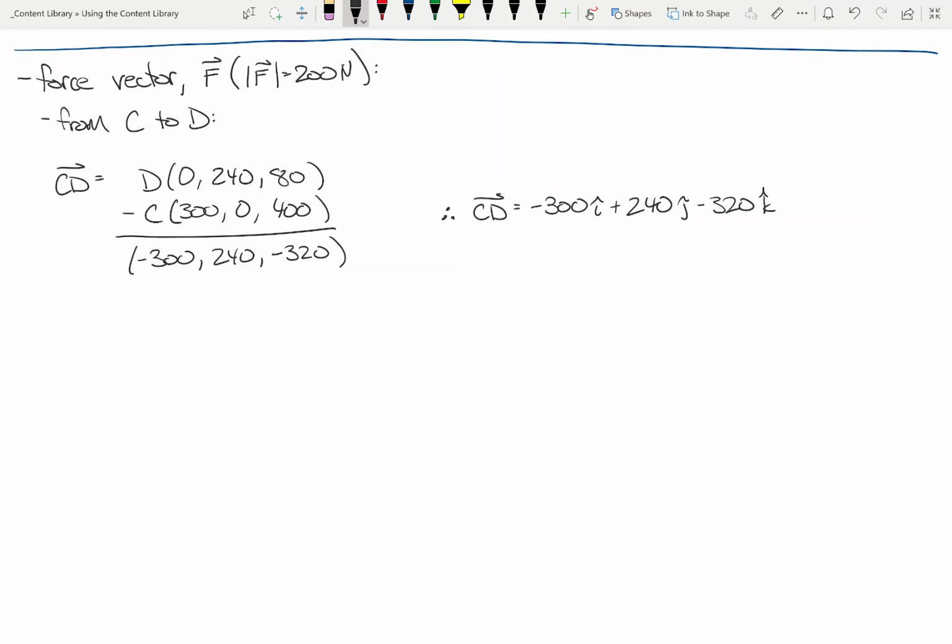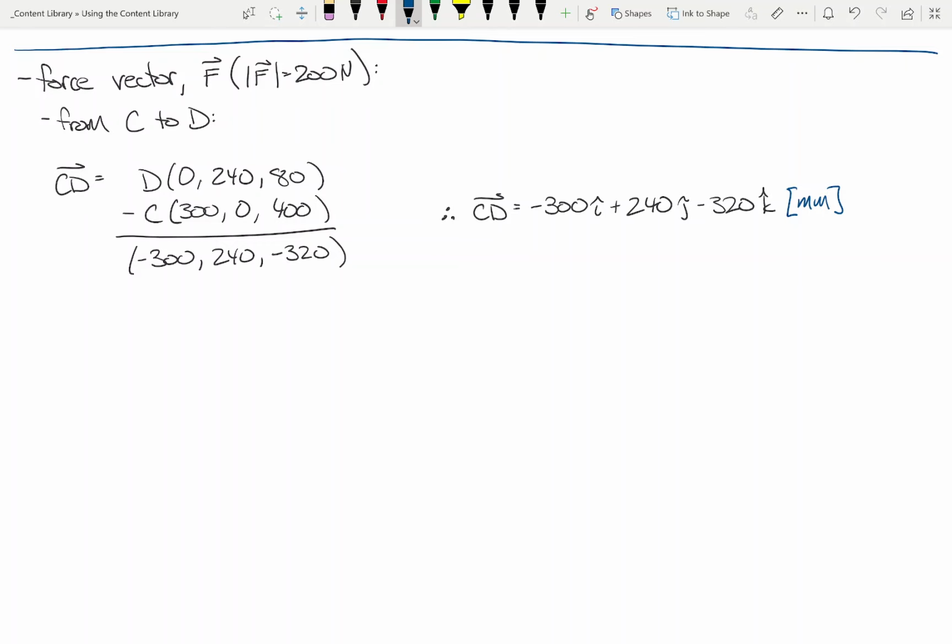What are the units for CD, by the way? Millimeters. Because that's just a distance vector. This is not a force vector. How do I turn this into a force vector? What's our formula?